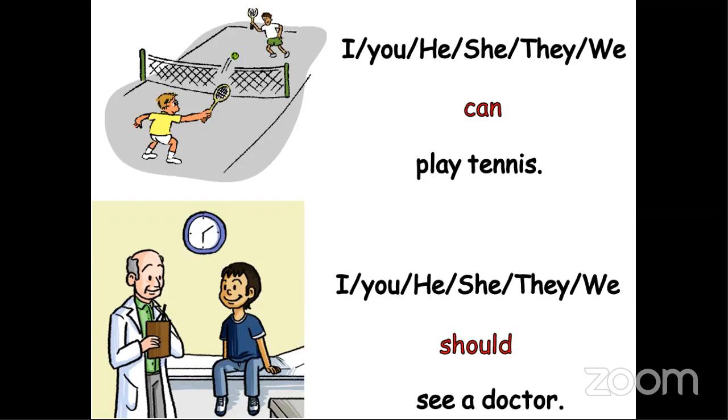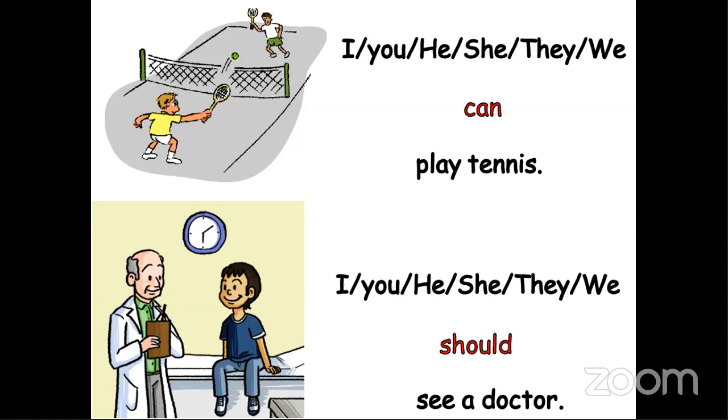Now, can and should or any other modal verb for that matter, it is not affected by the number or person of the subject. So when I say, I can play tennis, I can also say, you can play tennis, he can play tennis, she can play tennis, they can play tennis, we can play tennis.